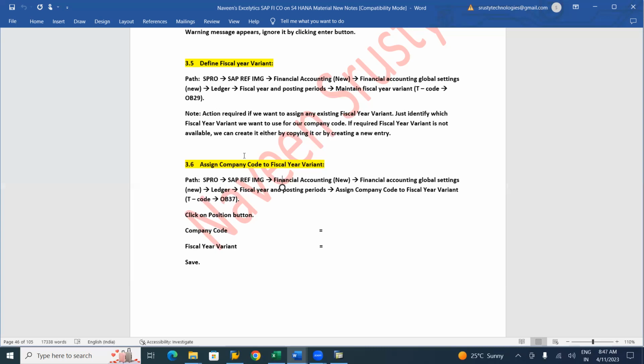If we define any fiscal year with less than 12 periods, that fiscal year we can call a shortened fiscal year.